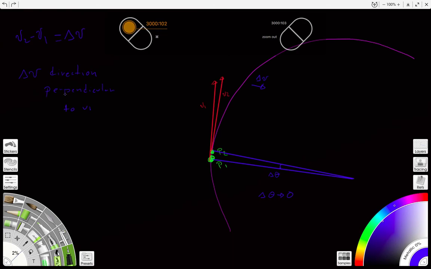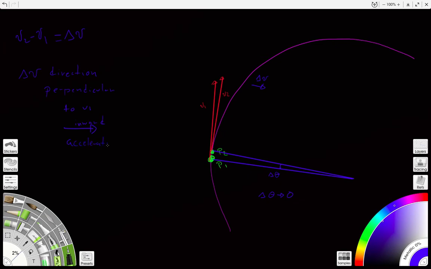And that implies that if my resultant vector goes inward, then my acceleration is going inward as well.